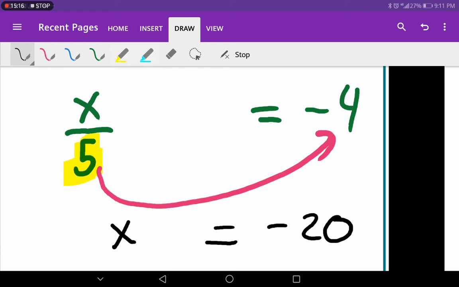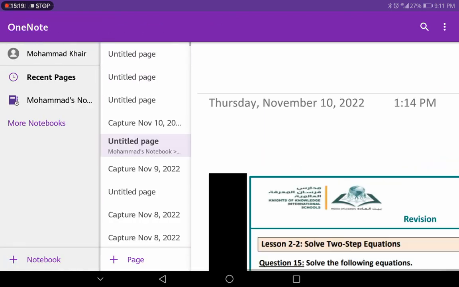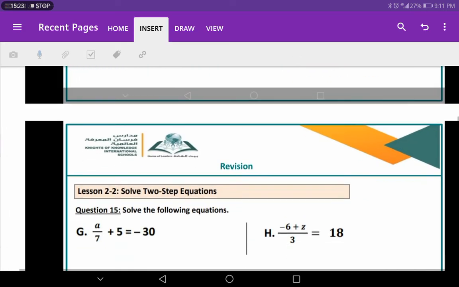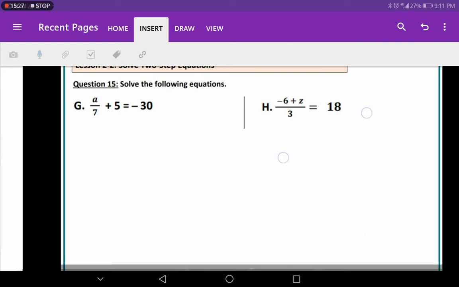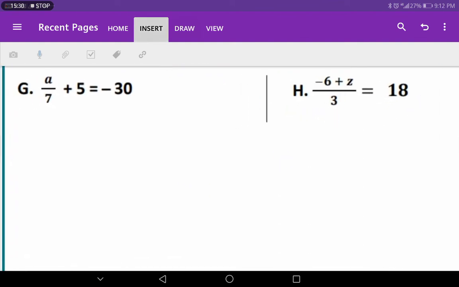Okay, let us move to this example. Can you do this for me?